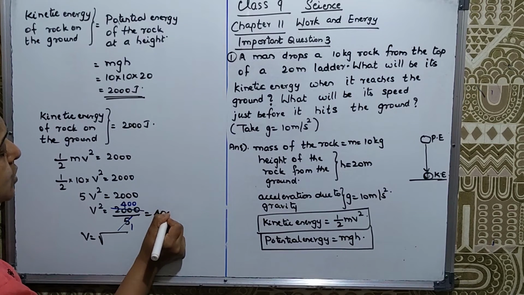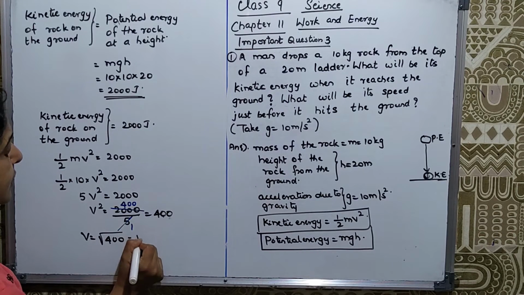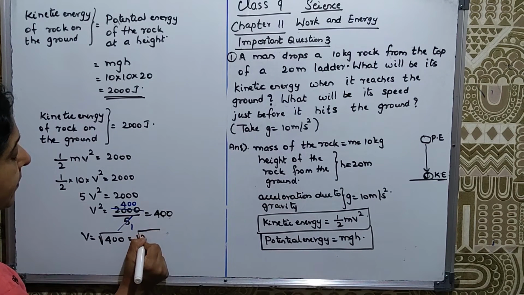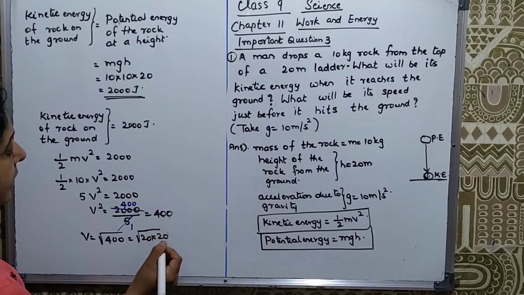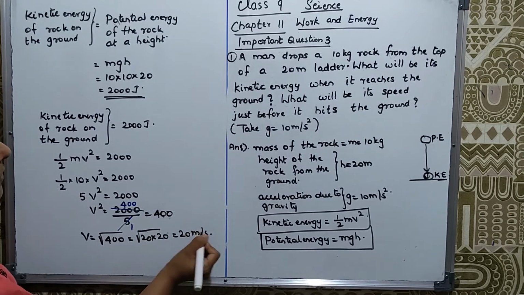Therefore v will be equal to square root of 400, equal to square root of 20 into 20. So we can write 20 meter per second.